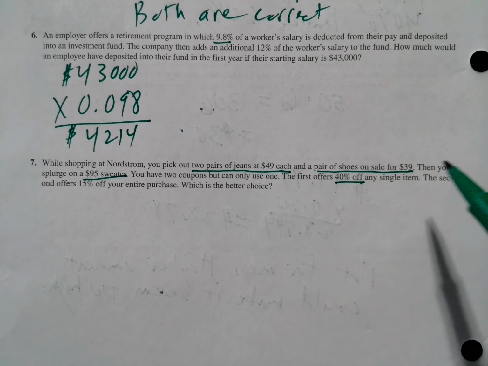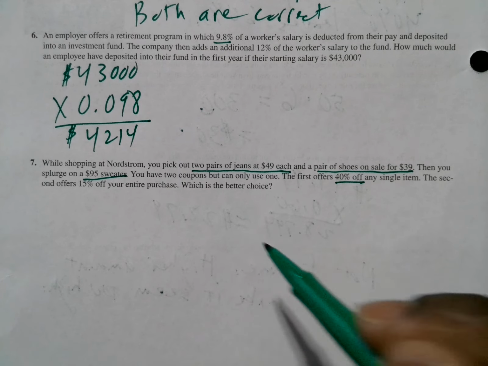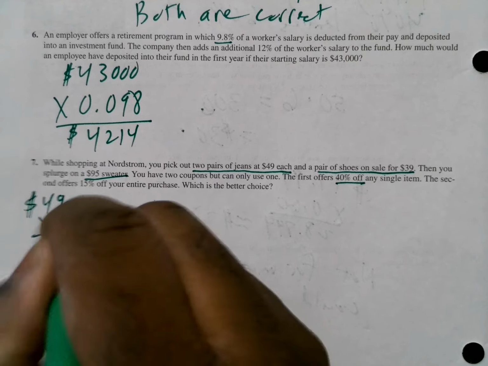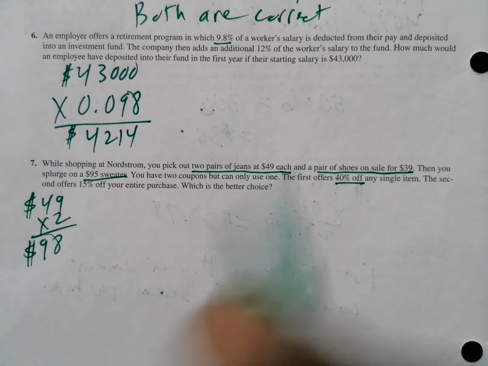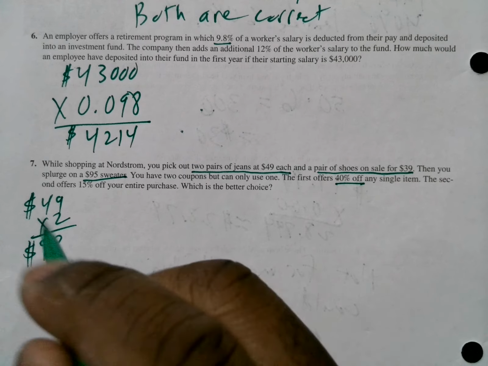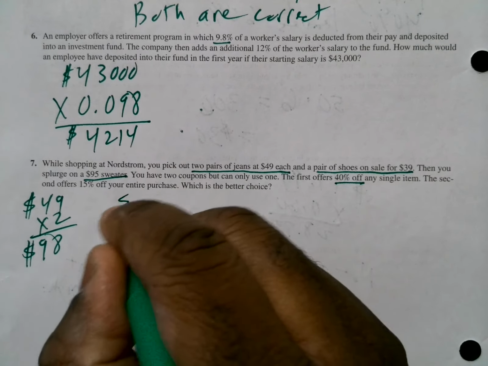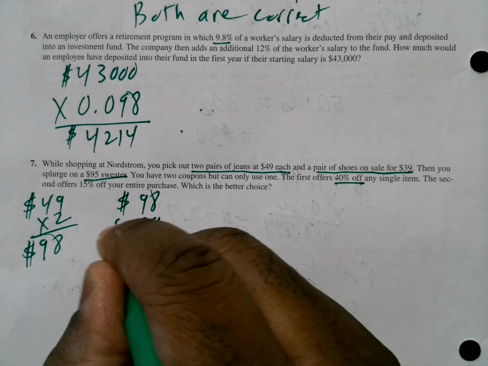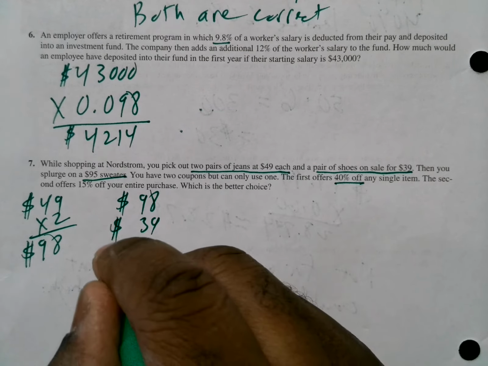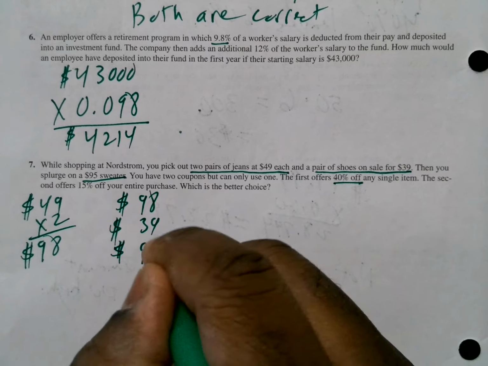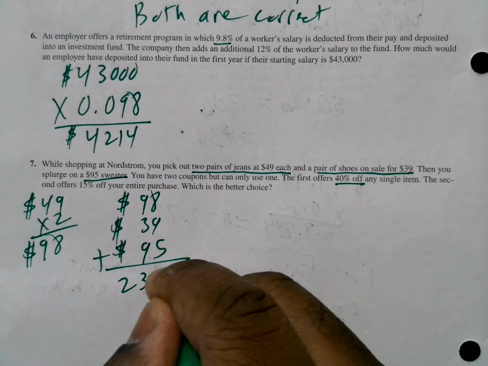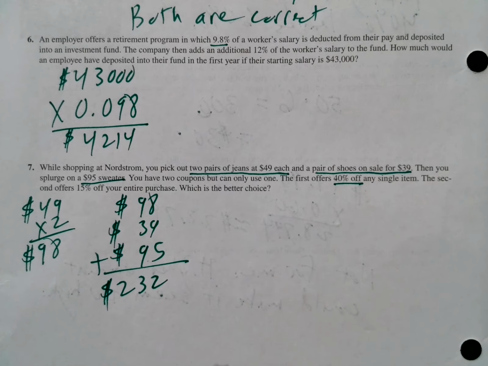So we have a total of 4 items. First, we have $49 times 2, so we spent $98 on the jeans. Then we add $39, and then we also add $95. When we add all of this up, it'll give us $232.